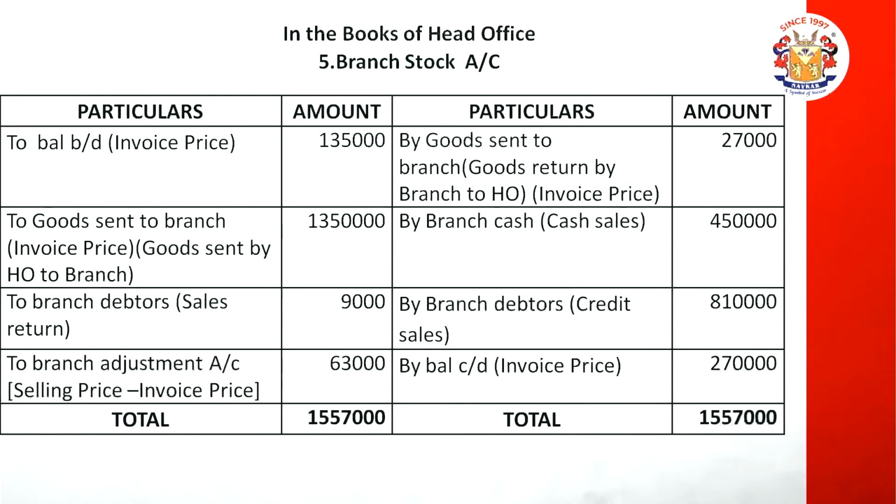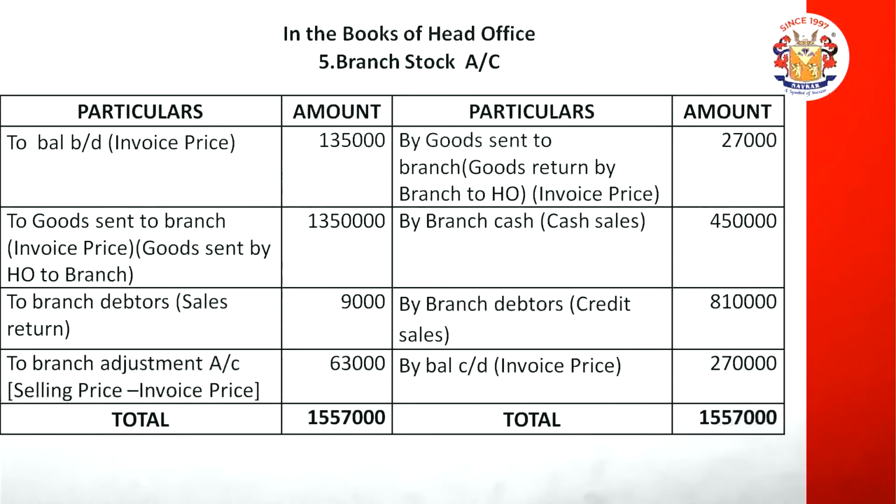Further, on the credit side, we are going to record goods returned by branch to HO at invoice price 27,000. And on the debit side, I am going to write the amount of sales return 9,000.